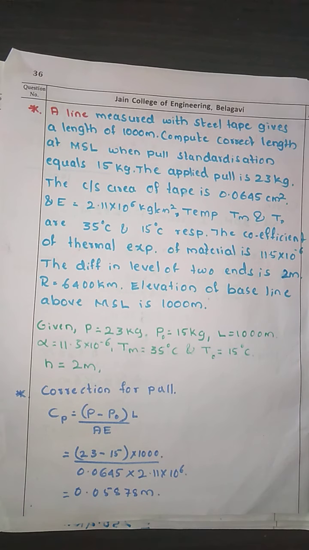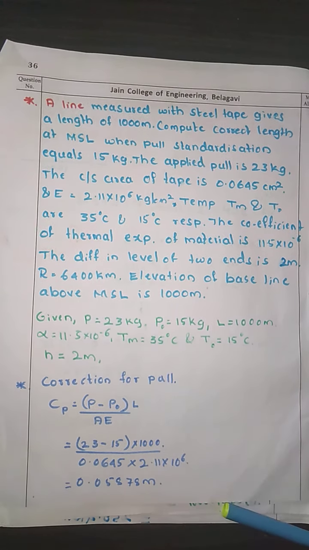The temperature during measurement is 35 degrees Celsius, and T naught, during standardization, is 15 degrees Celsius. The difference in elevation is 2 meters. First we need to go for the correction for pull, then the correction for temperature, then all the other corrections to the overall length of the tape.